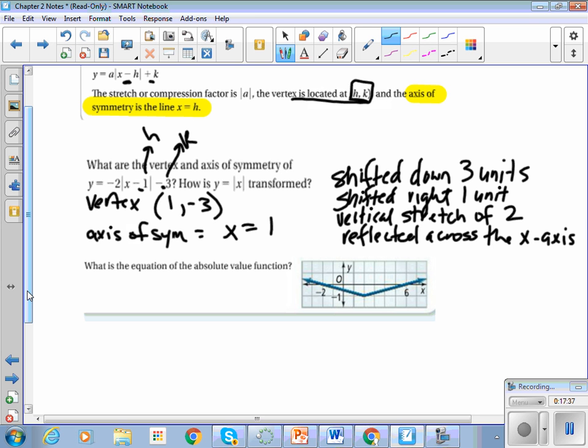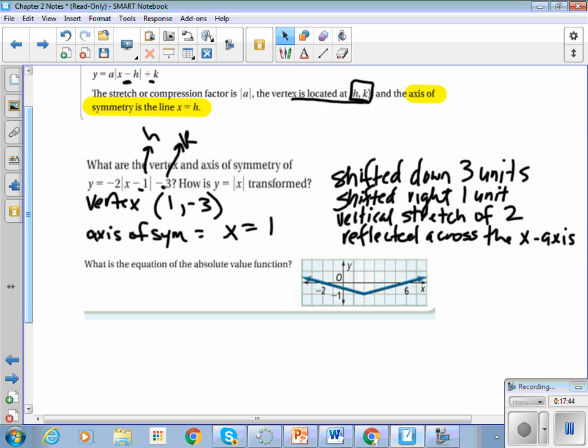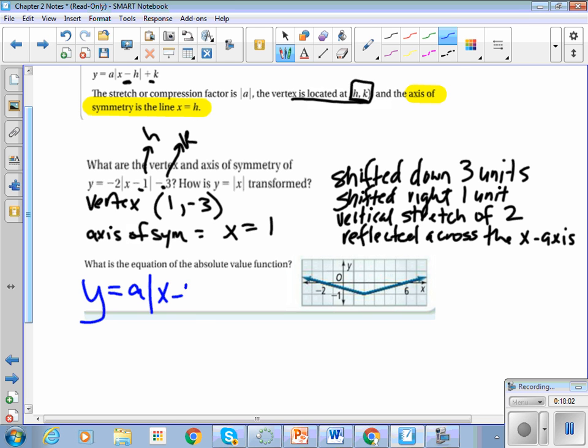Tons of stuff. All right, so our next scenario, we have, what is the equation of the absolute value function? So for our second problem, I'm going to start with our original, and we're just going to replace everything as we see it.